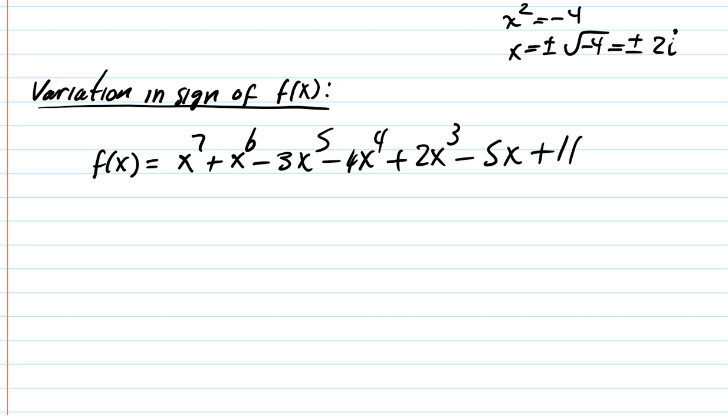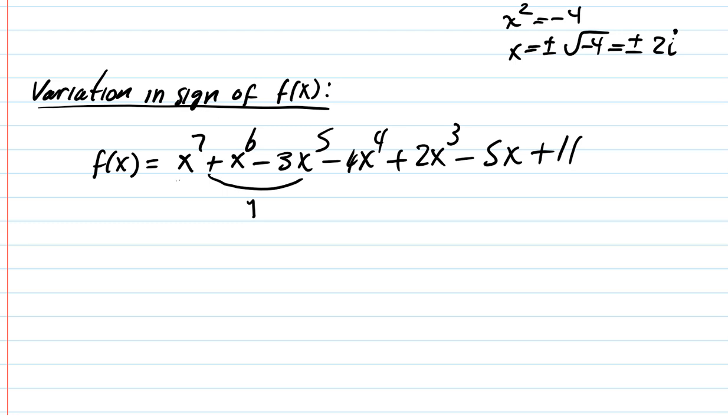Something totally made up. Now, as I move from left to right, from term to term, notice the first term is positive, second term positive. So they're both positive. As we go from x to the 6th to x to the 5th, we go from positive to negative, right? So there's one variation in sign. It changes.